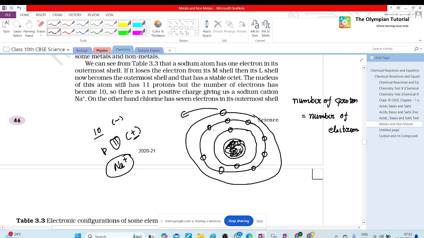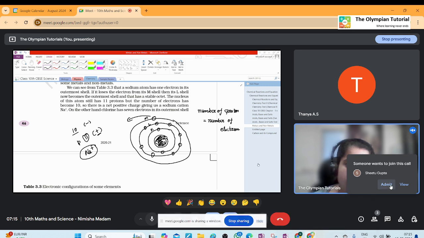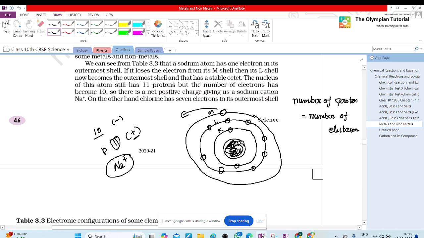The shells are named K, L, M, N, and each has a normal capacity. In the first shell only two electrons can be there, and in the second, only eight, and in the last one electron. Ma'am, so only the electron in the last shell gives a positive charge?